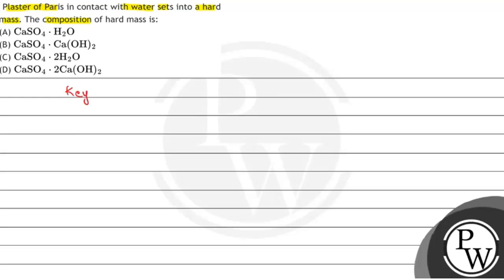So out of these options that are provided to us, we have to figure out the one which corresponds to the correct composition of hard mass which is formed when plaster of Paris comes in contact with water.